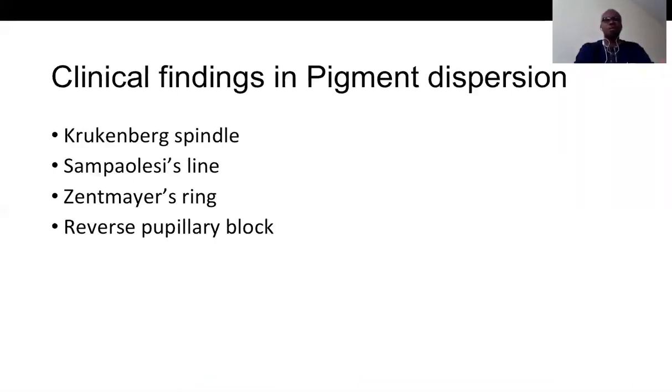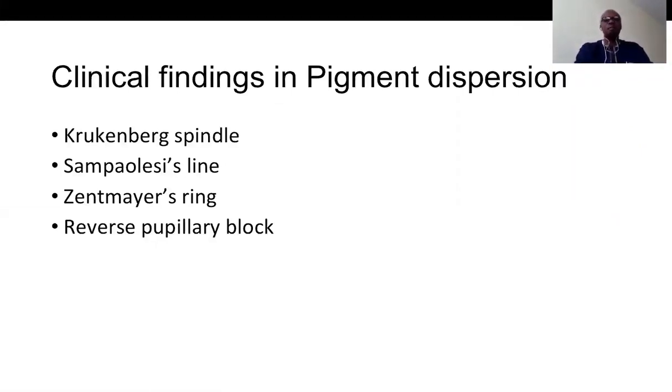So the clinical signs that we may find in pigment dispersion glaucoma include these, but they are not invariable, and they are not pathognomonic. We've seen the Krukenberg spindle. We've seen Sampaolesi's line, which is pigment deposited anterior to Schwalbe's line. The Zentmayer's ring is pigment deposited on the posterior capsule.